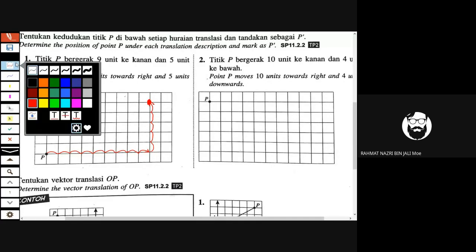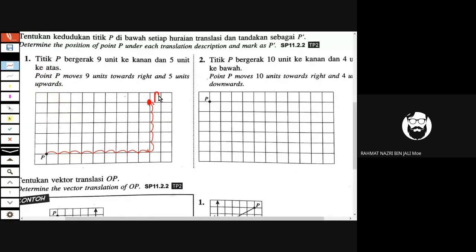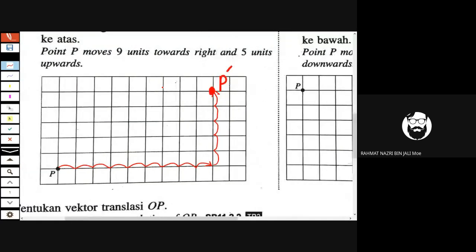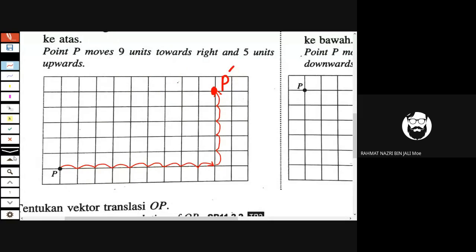Kemudian kita label dengan P prime. Kemudian lukis arrow starting from P to P prime. Oh, besar arrow saya ni.